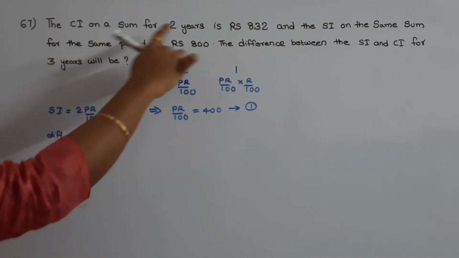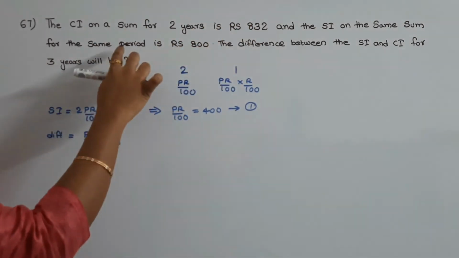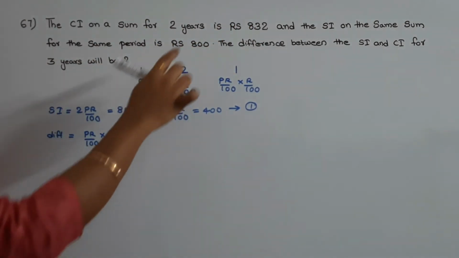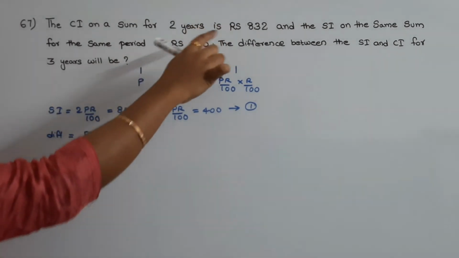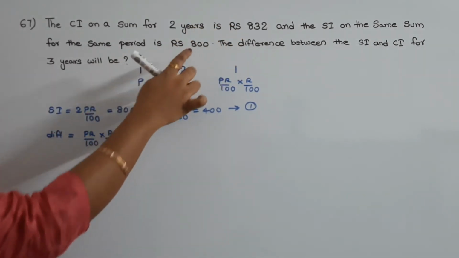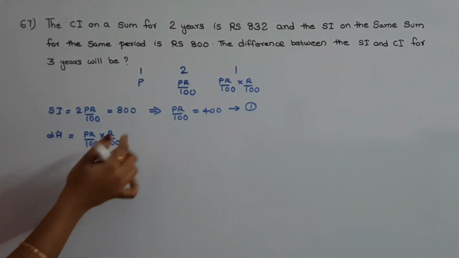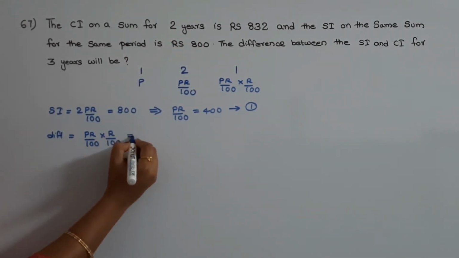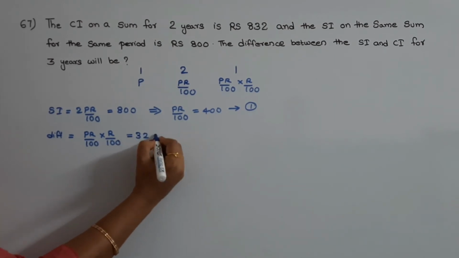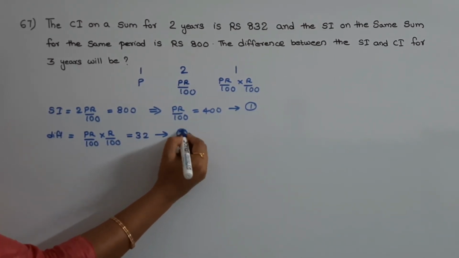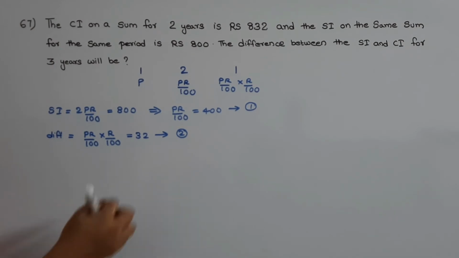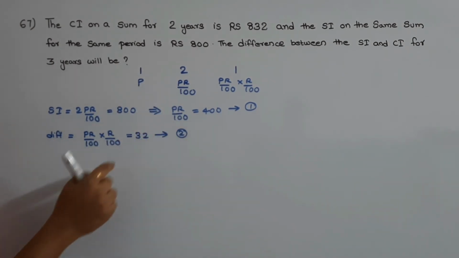In the question, compound interest is given as 832 and simple interest is given as 800. So what will be their difference? The difference will be equal to 832 minus 800, that is equal to 32. So we can equate this 32 to this difference. So this will be equal to 32. So let us consider this as the second equation. Now we know that PR by 100 is equal to 400.